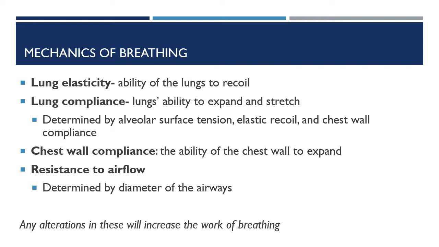And if there's a lot of tissue on it from, say, being morbidly obese, then you have low chest wall compliance. Okay, so normally our chest wall and our lungs are very compliant. It's easy to take a breath in.